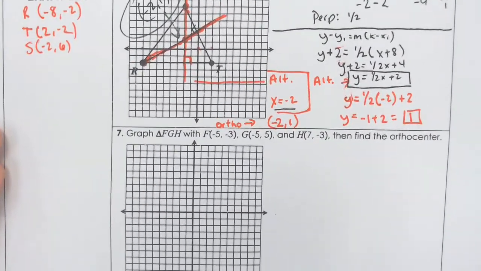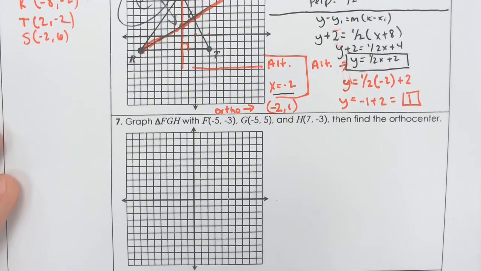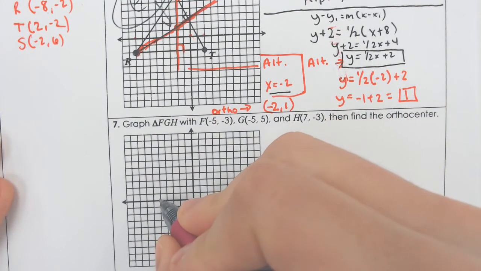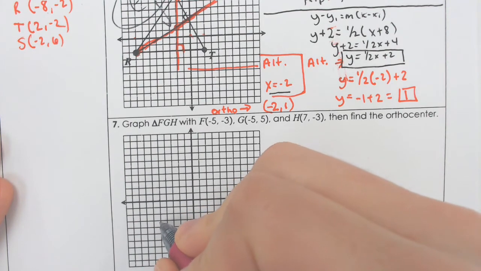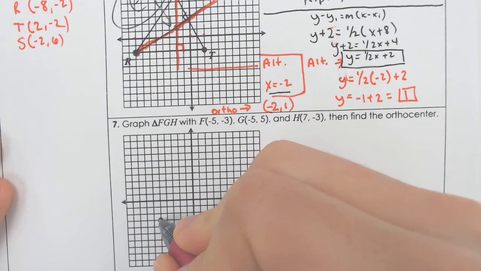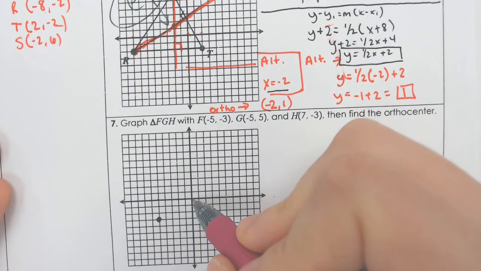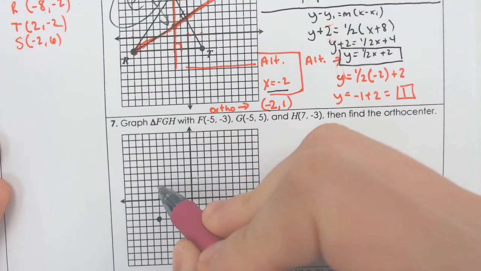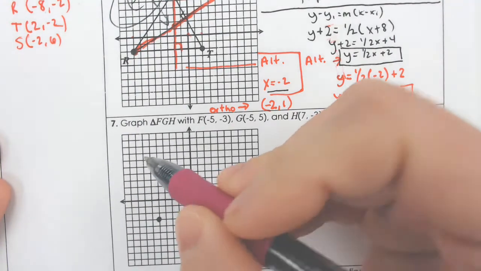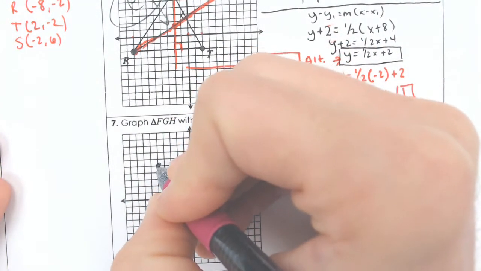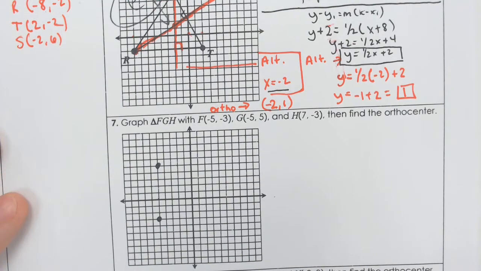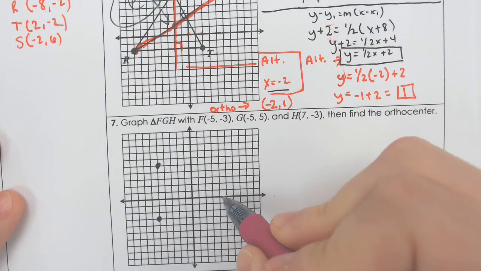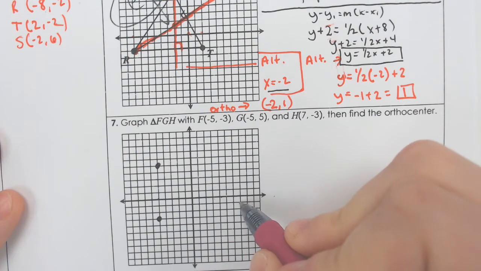So this next one, we have to graph the points at (-5, 3), (-3, 3), (-5, 5), and (7, -3).